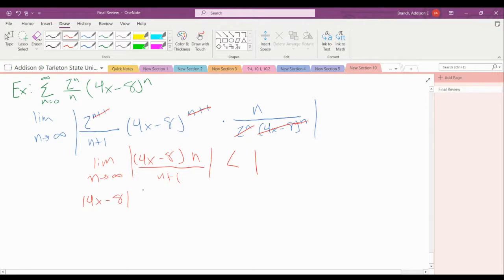So we have our limit as n approaches infinity of n over n plus 1, and we know that all of that product has to be less than 1. The limit of n over n plus 1 will get us 1, because just looking at it, same coefficients, same exponents, it's just going to go to 1.